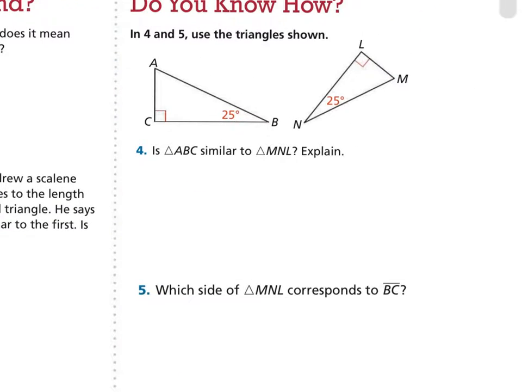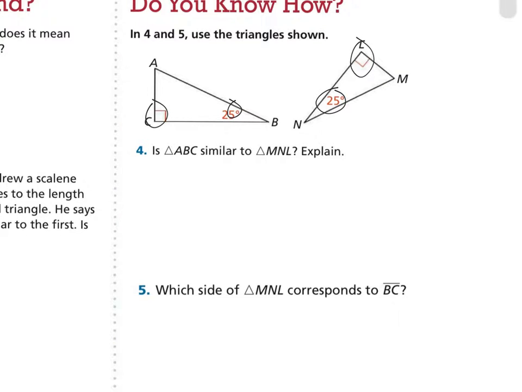Let's look at the do you know how. Number 4 says, is triangle ABC similar to triangle MNL? This is almost identical to the problem we looked at earlier. We can see a 25-degree angle here and a 90-degree angle.